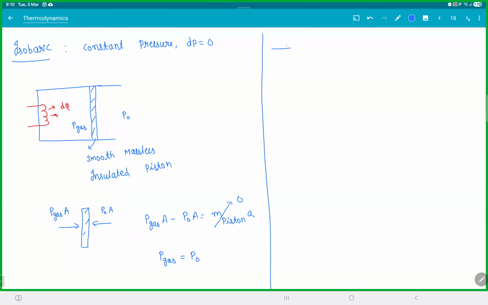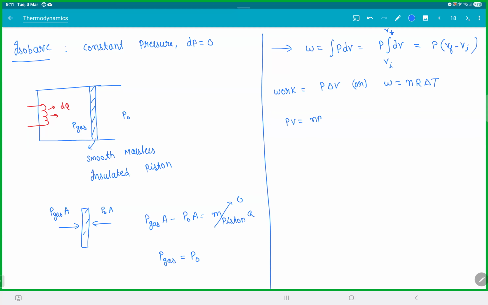So the first thing, what is work done? Integral PdV. But pressure is constant, so P times integral dV, from V initial to V final. So this will be P into (V final minus V initial). So work can be written as pressure into delta V, or you can also write work done as nR delta T. How do we get that?